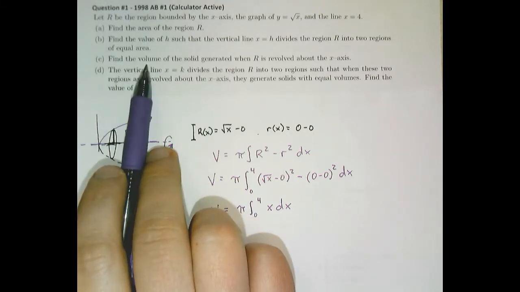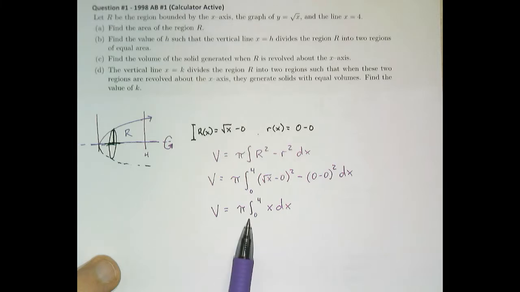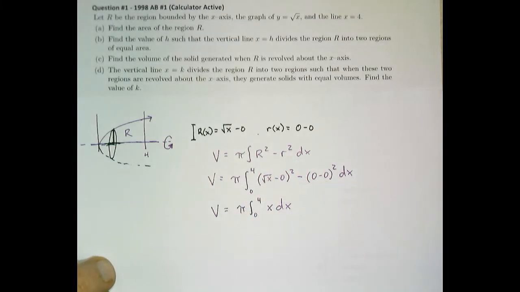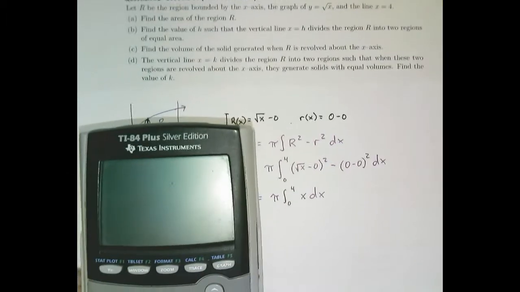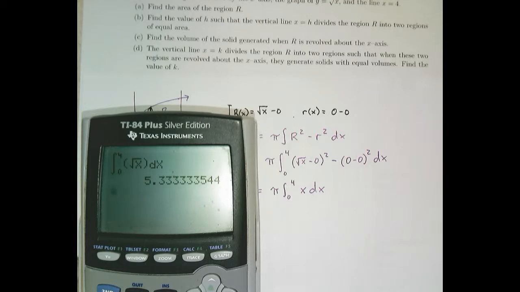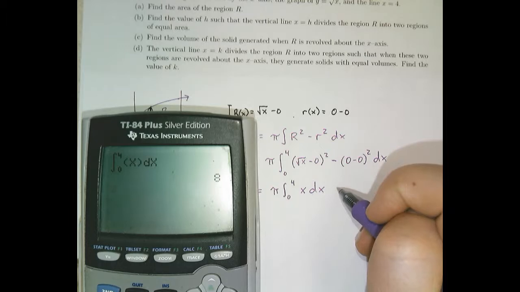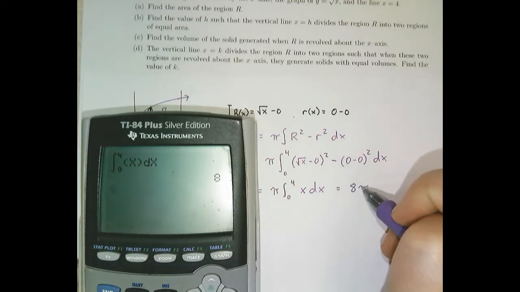And they actually do want us to find the volume, so in this case we could grab our calculator and turn to the calculator to find the value. And so let's do that. If we math 9 to pull up our integral, we are integrating 0 to 4 of the function x with respect to x, and we get the answer 8 times pi. So this is equal to 8 pi.